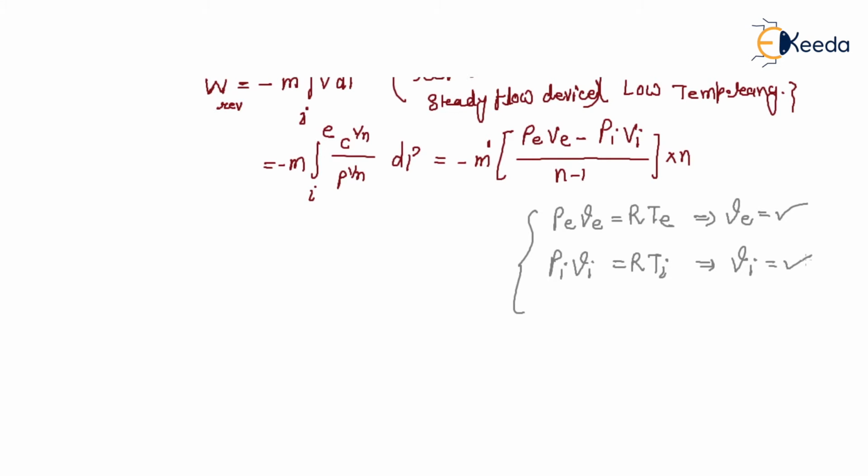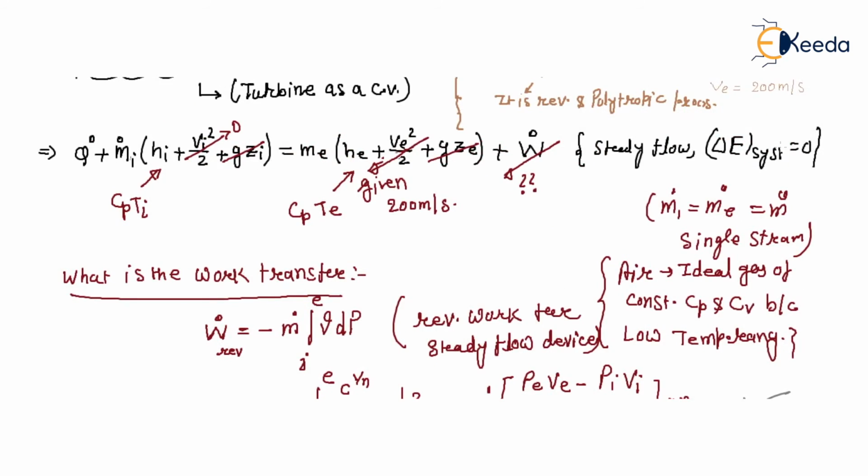Put all this value and you can easily find the work transfer. Now if we put all this value in this equation, you find the heat transfer is 19.2 kilowatt. So this is your heat transfer.